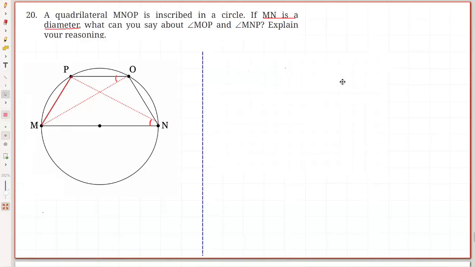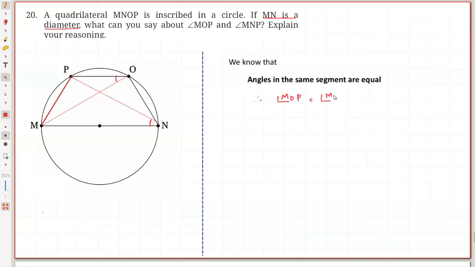So that is the answer. We know that angles in the same segment are equal, therefore angle MOP is equal to angle MNP, because MP is the same segment. So both are equal.